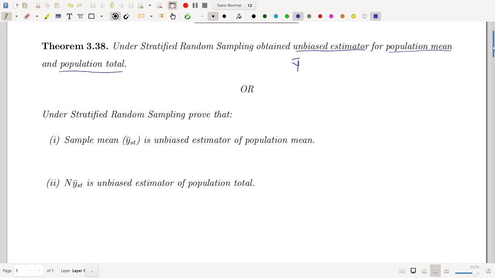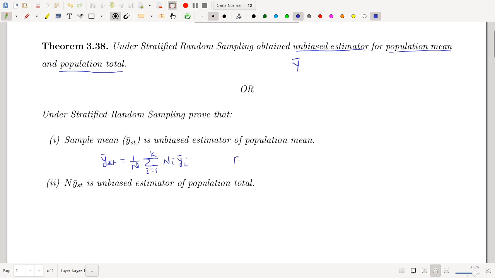Under stratified random sampling, prove that the sample mean in stratified random sampling, which in the last lecture we had seen is defined as Y bar st equals 1 upon n summation i running from 1 to k, ni into y bar i, is an unbiased estimator for population mean.